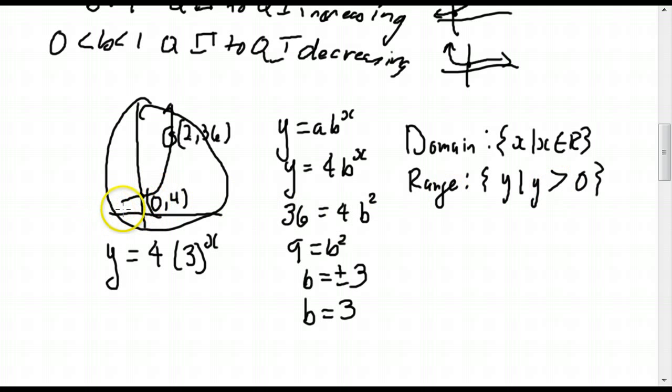It will get close to the x-axis, but it will never touch the x-axis. End behavior is always from quadrant 2 to quadrant 1, and as we said before, increasing or decreasing. Those are the characteristics of the exponential function.